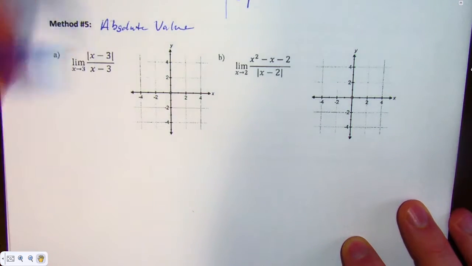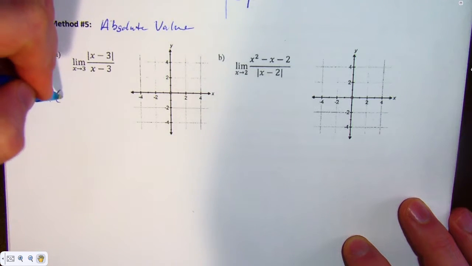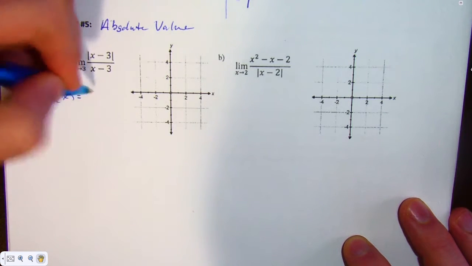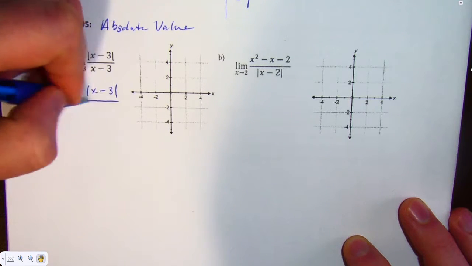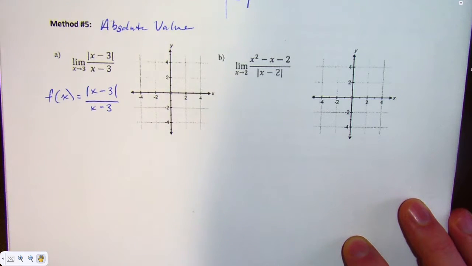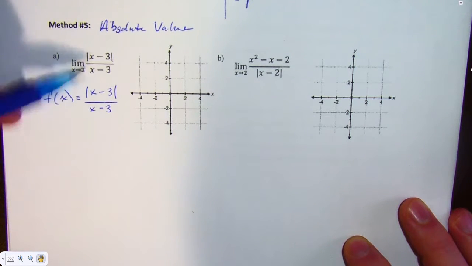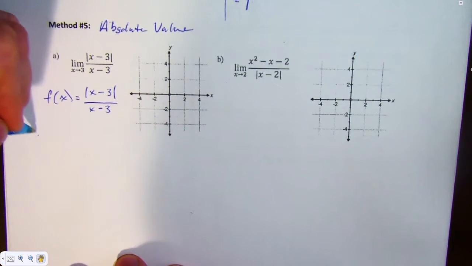So we're going to take our function here. The function to begin with is the absolute value of x minus 3 over x minus 3. So that's what our function was. And we're going to break that up and describe it as a piecewise function.